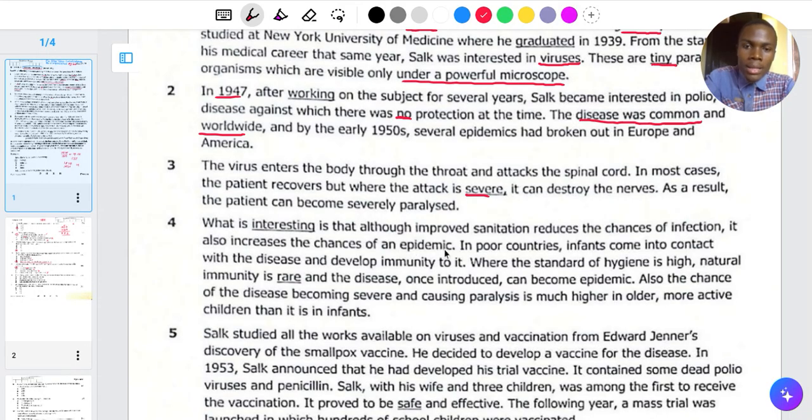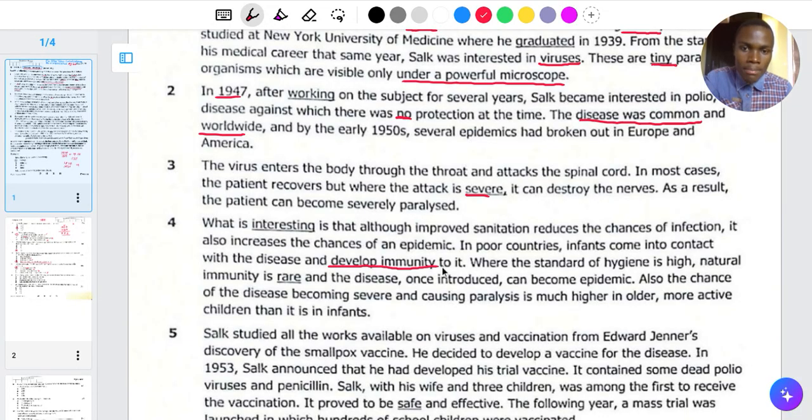When we talk of an epidemic, these are just diseases which affect people worldwide. So in poor countries, infants, so these are just children, come in contact with the disease. Now before we conclude that improving sanitation is going to increase the chances of an epidemic, this one says in poor countries, infants come in contact with the disease and develop immunity to it.